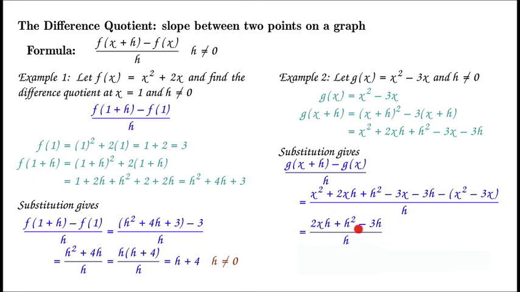And just like before, I see that there's an h in each term, so I'm going to factor that out. So here's my h in each term of the numerator, and it is multiplied by the quantity 2x plus h minus 3. This h in the denominator and the h in the numerator can cancel, and I'm left with a function now from my difference quotient of 2x plus h minus 3. But remember, this is only true when h is not equal to 0.